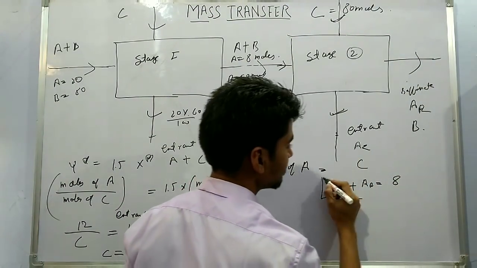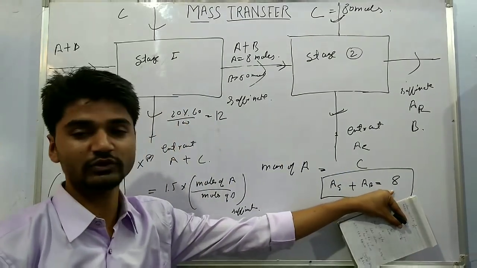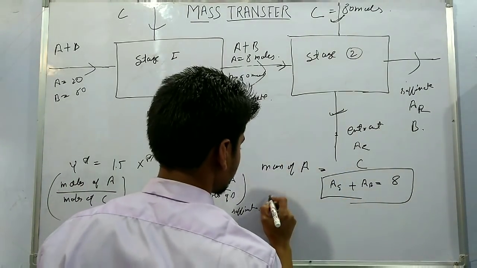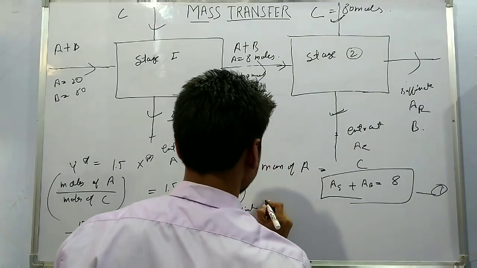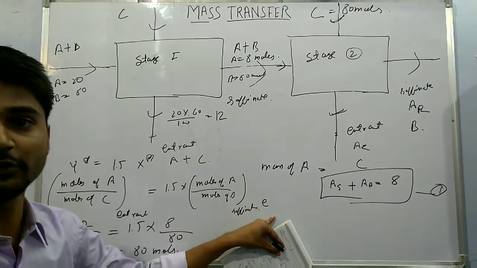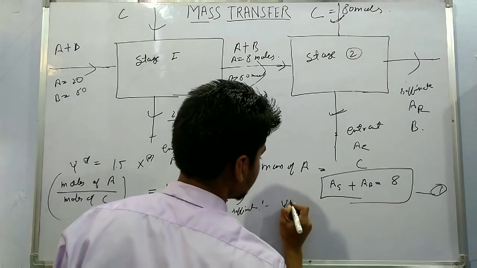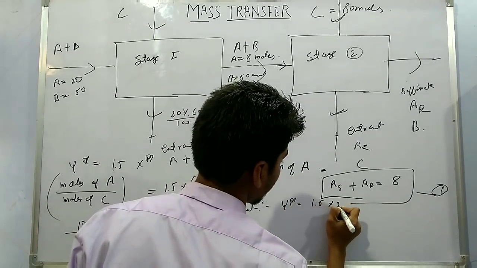So we have one equation, AE plus AR equals 8. Now the second equation we will generate from the equilibrium relation, that is Y star equals 1.5 times X star.